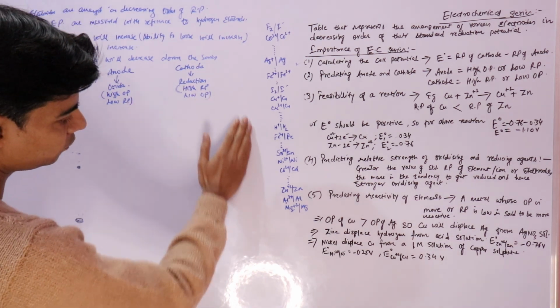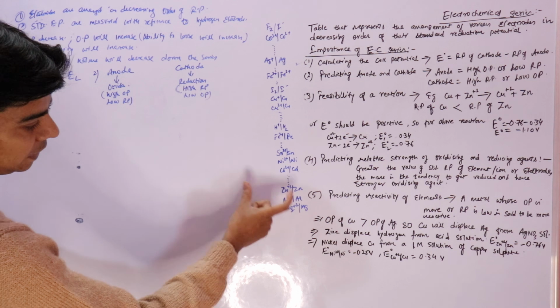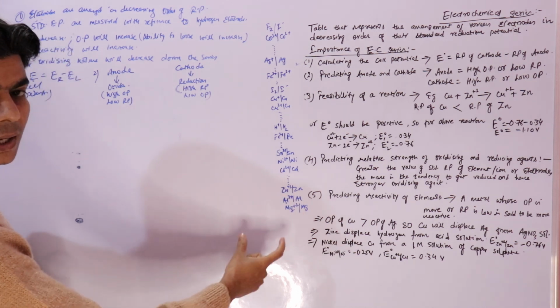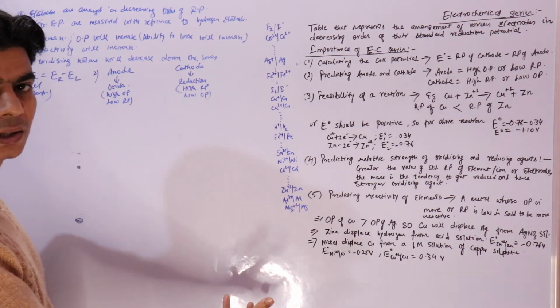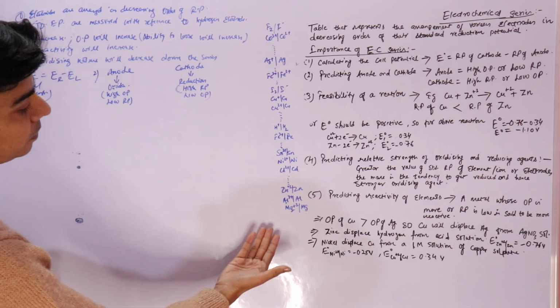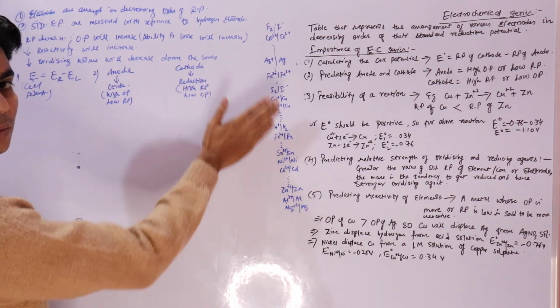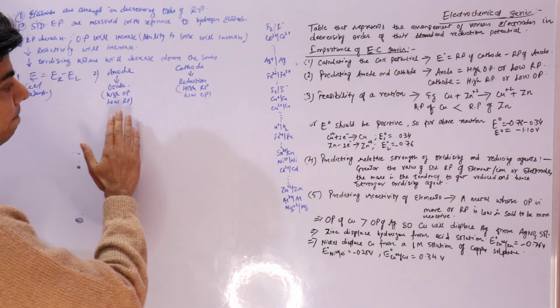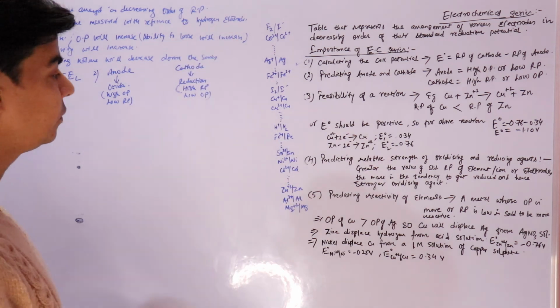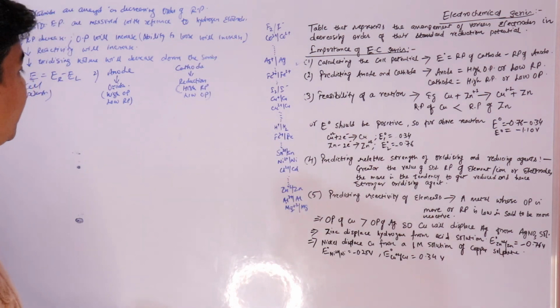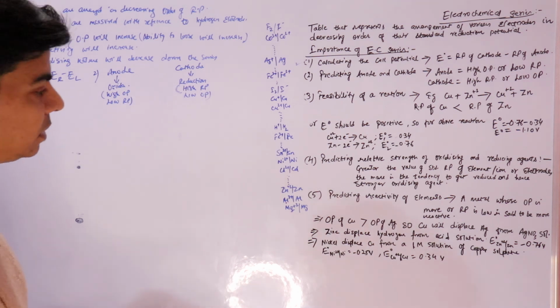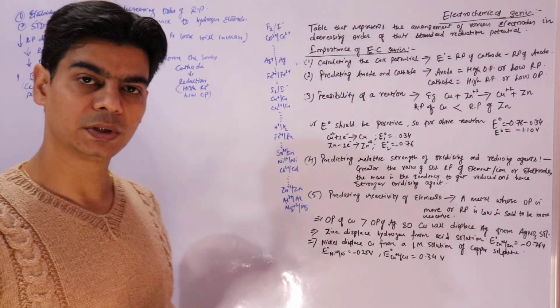So if you move down the series, the electrode which is below has lower reduction potential and would act as anode, and the electrode that is above it will have a higher value of reduction potential, so it will act as cathode.